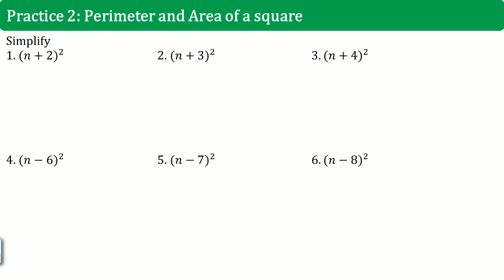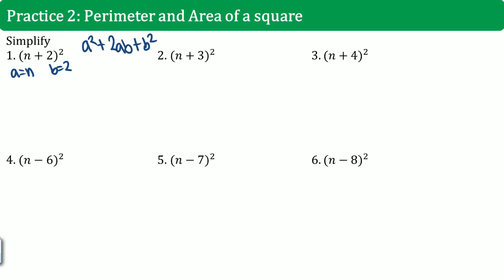So here, I'm going to apply just a shortcut. I know that this is an addition. So I know the answer here should be a squared plus 2ab plus b squared. My a here is your n. My b here is your 2, basically.